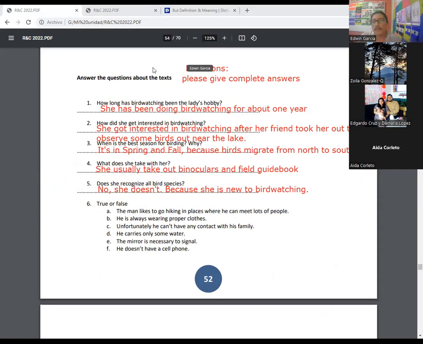Okay, now, before we go to number 7, we are going to recognize the verbal tenses in these sentences. The first one is past perfect tense. This is past perfect tense for number 1. Well, tell me about number 2. What is the tense for number 2?